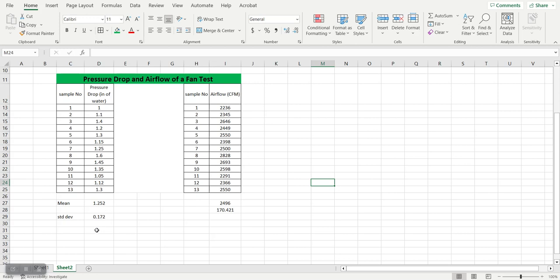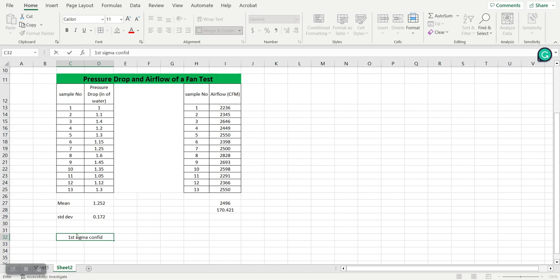So basically most of the data stays within this first standard deviation of the data. So if I consider the first sigma limit, just write first sigma confidence or limit.